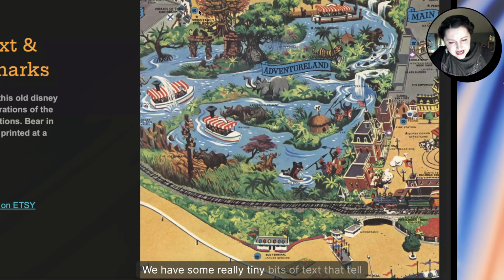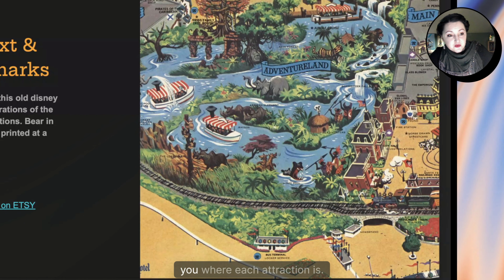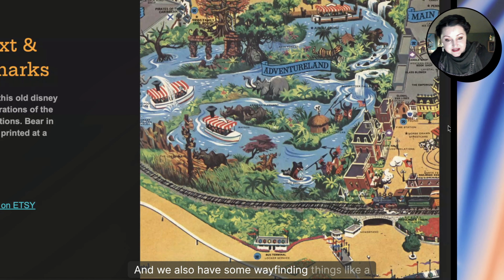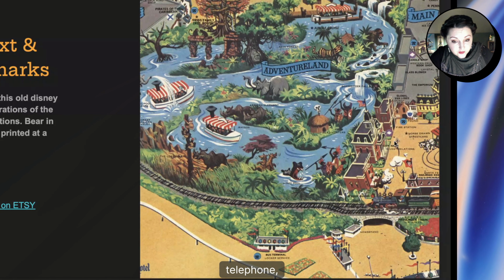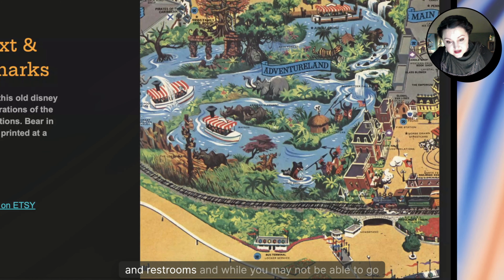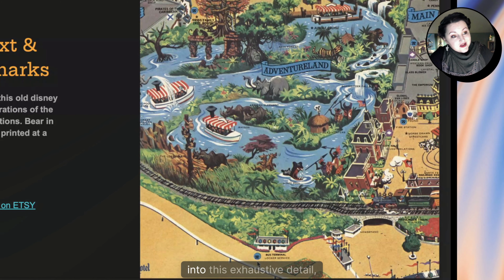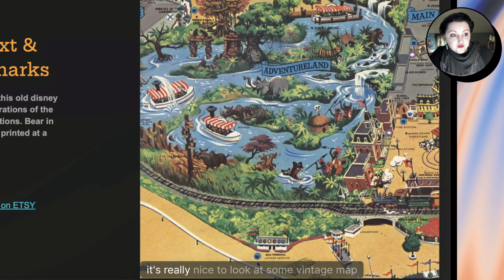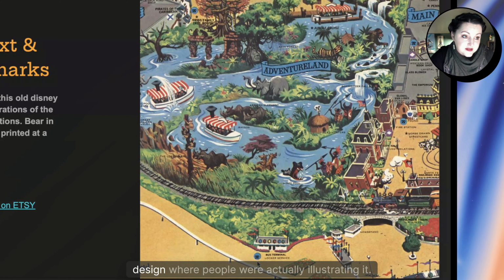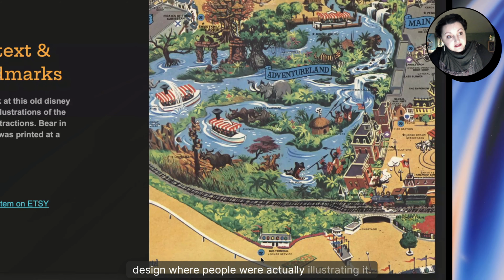We have some really tiny bits of text that tell you where each attraction is, and we also have some wayfinding things like a telephone and restrooms. While you may not be able to go into this exhaustive detail, it's really nice to look at some vintage map design where people were actually illustrating it.